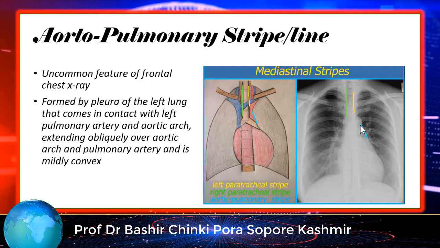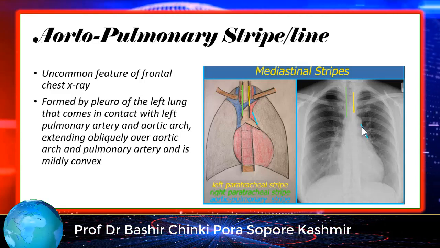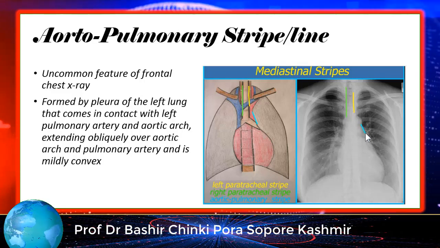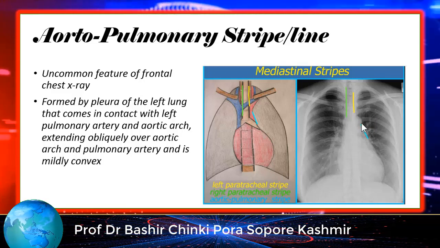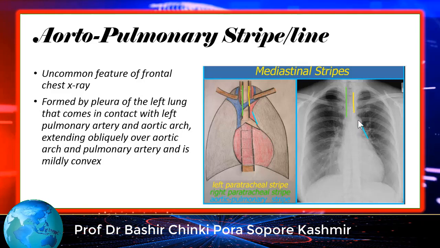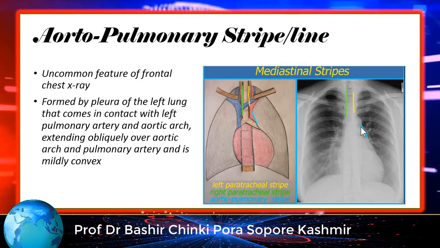So they form a boundary there. There is a demarcation line created when the left lung comes in close contact with the aortic arch and pulmonary artery.